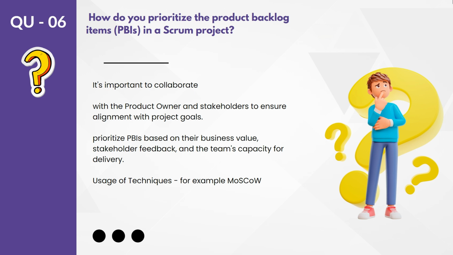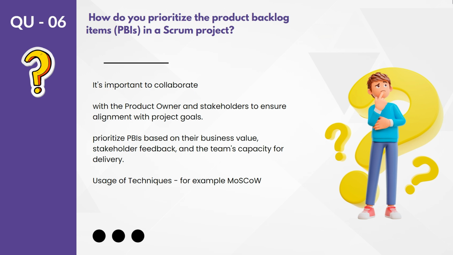We could have planned for 25 story points, but now we can plan only for 20. So which 20 story points do we pick? That is the prioritization, again based on the input from the product owner and stakeholder. But capacity also matters. You can also mention techniques like MoSCoW: must have, should have, could have, won't have.